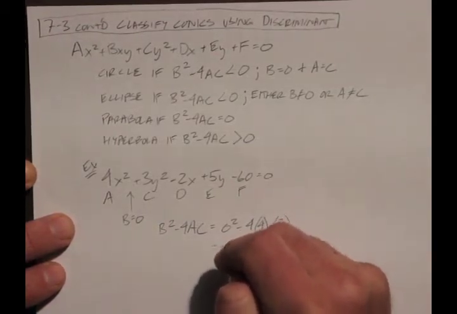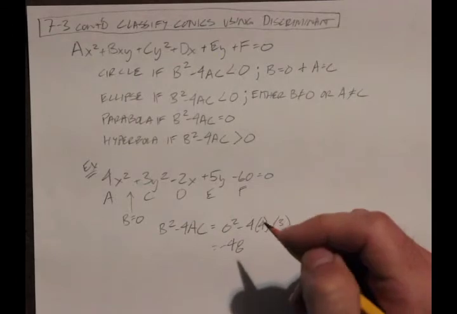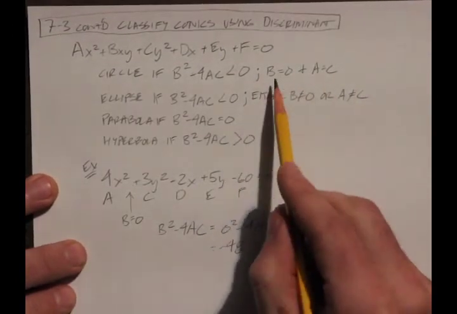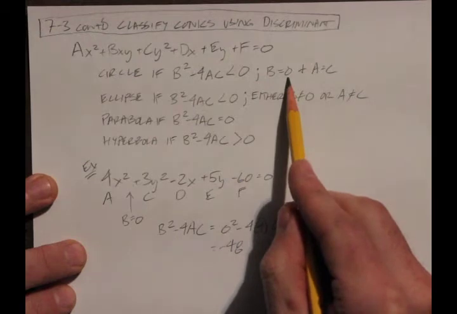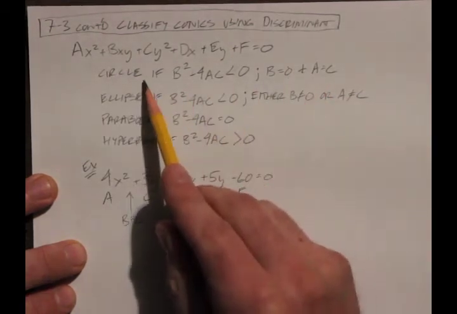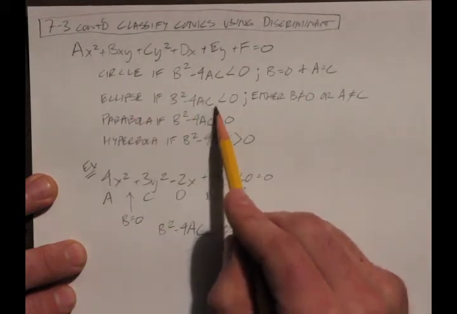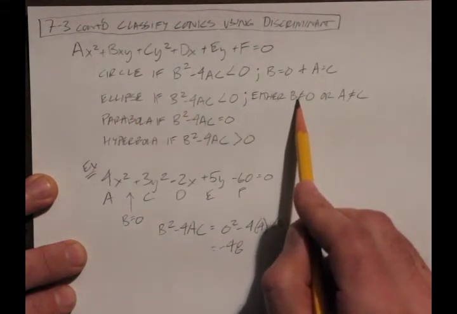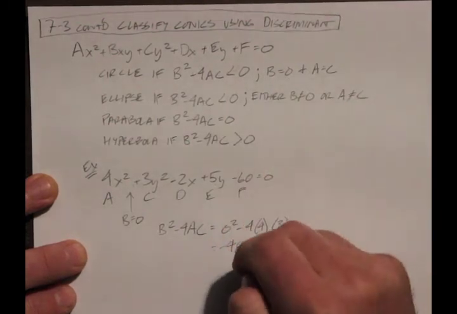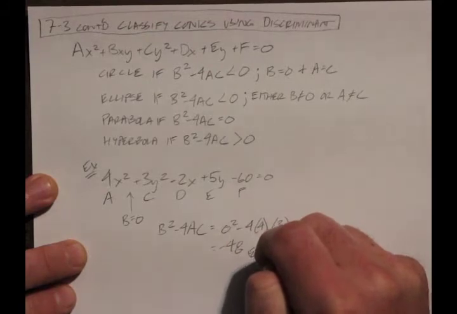So I've got negative 48. I can look back up at what I just wrote. B equals 0, but a does not equal c, so it's not a circle. It's got to be an ellipse, because b does equal 0, and that's fine because a doesn't equal c. So this means this is an ellipse.